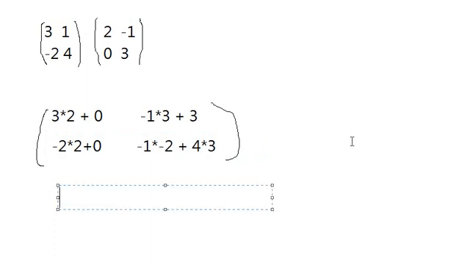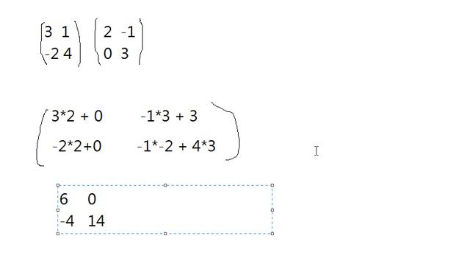So 3 times 2 is 6, plus 0 is 6. -1 times 3 plus 3 is 0, because it's -3 plus 3. -2 times 2 plus 0 is -4. And the last one will be -1 times -2, which is 2, plus 4 times 3, 12, so it's 14. And so the first question answer is 6, 0, -4, 14.